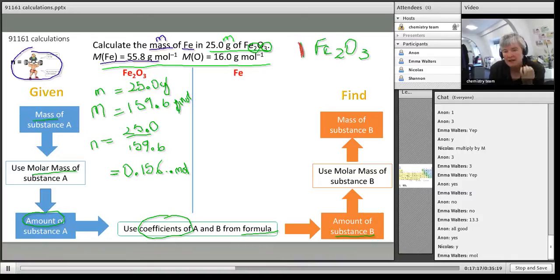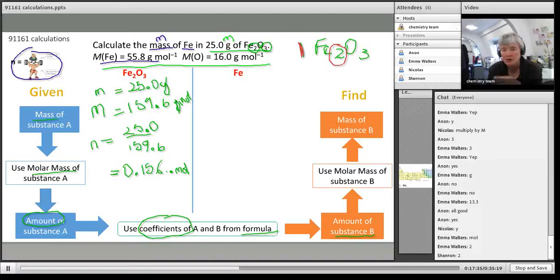So how many iron atoms have I got in one formula unit of Fe2O3? 2. Okay, so that's where I look to see the ratio.